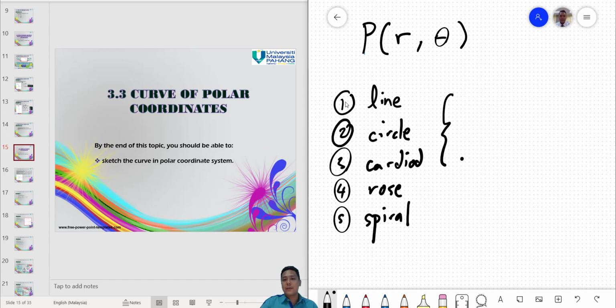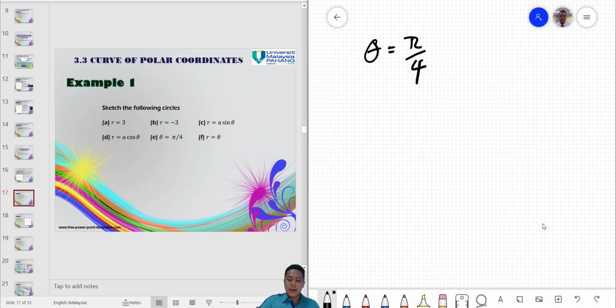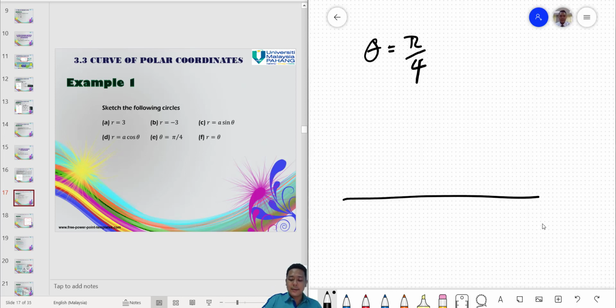We start with a straight line. Suppose we are given this polar equation theta equals pi over 4 without the value of r. In this manner, the value of r is arbitrary. It means that the point can be at any distance from the origin. Let's try to represent this.